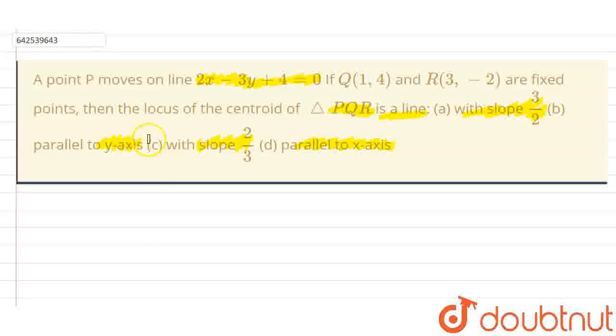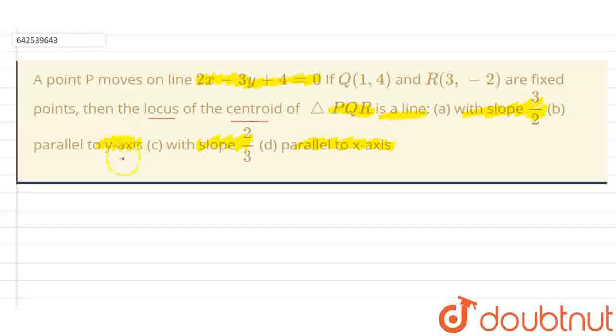Centroid is a point which is the center of the object, or you can say the point in which the three medians of a triangle intersect. So we know what a centroid is. Now we need to know what a locus is. A locus is a shape or a curve made by all the points which satisfy a particular equation.